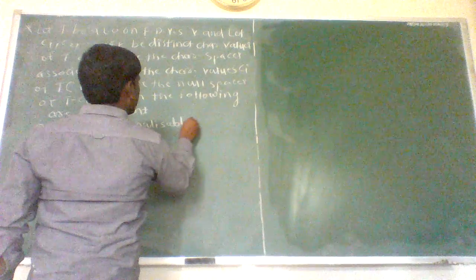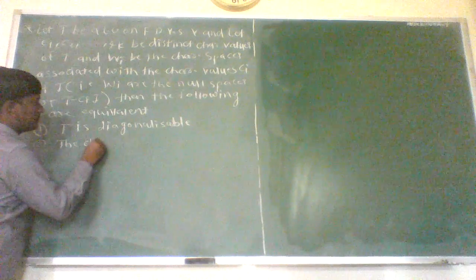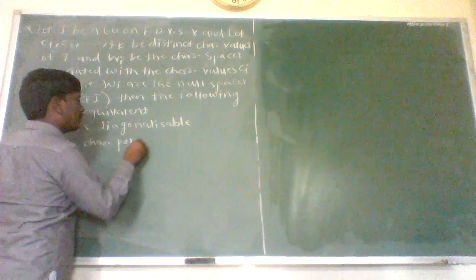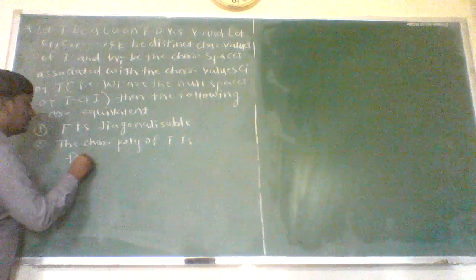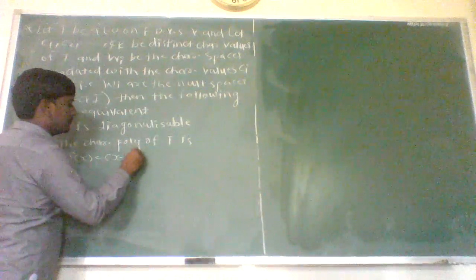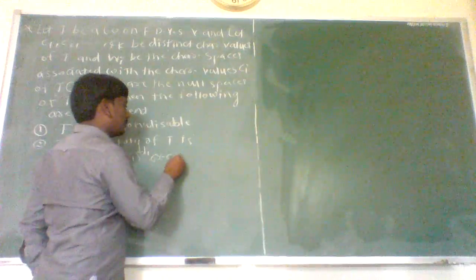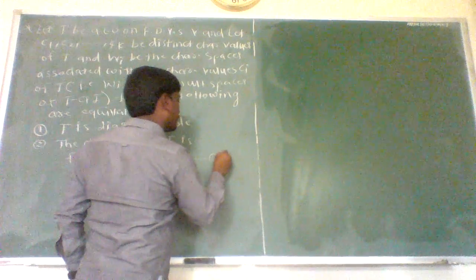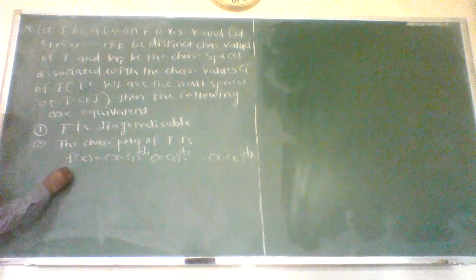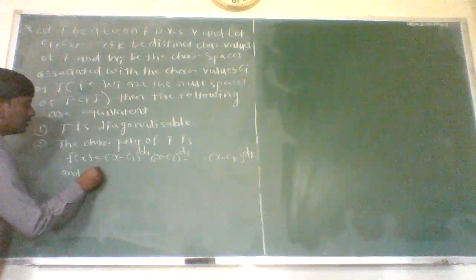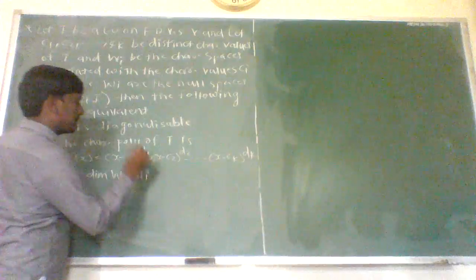Second one, the characteristic polynomial of T is given by f of x equal to x minus c1 to the power d1 into x minus c2 to the power d2 up to so on x minus ck to the power dk, and dimension of each Wi is equal to di.